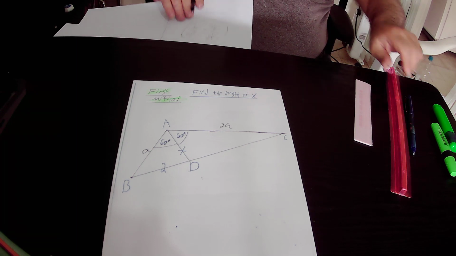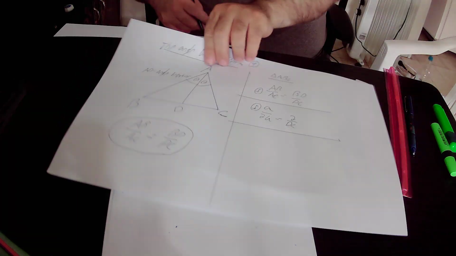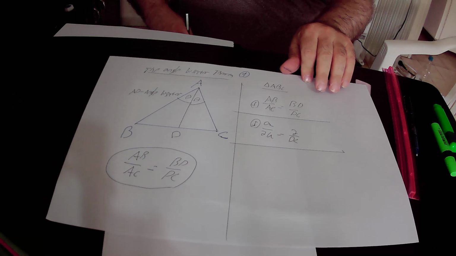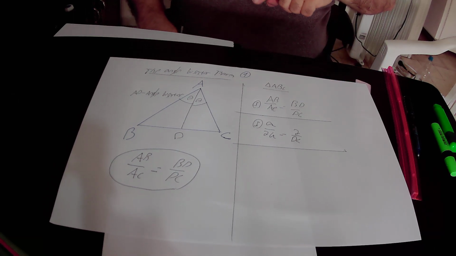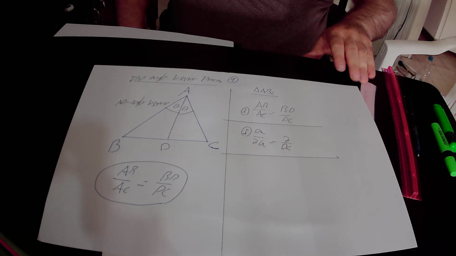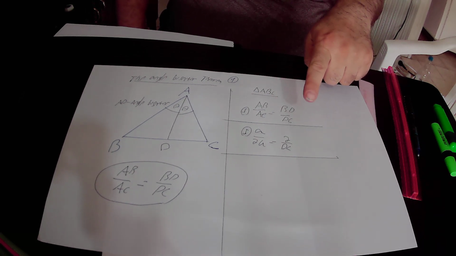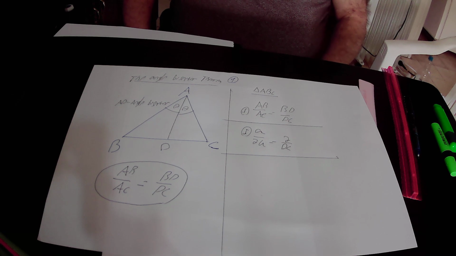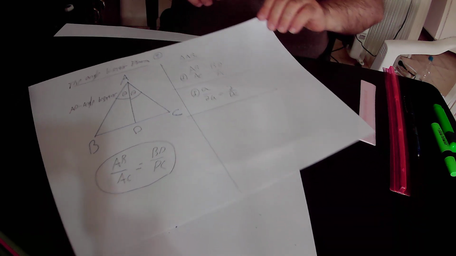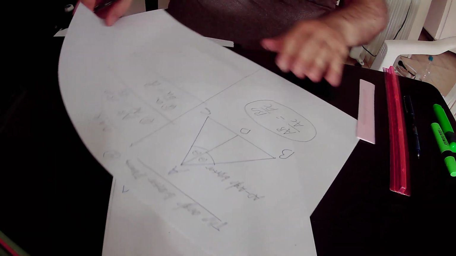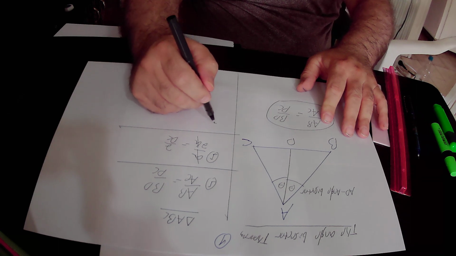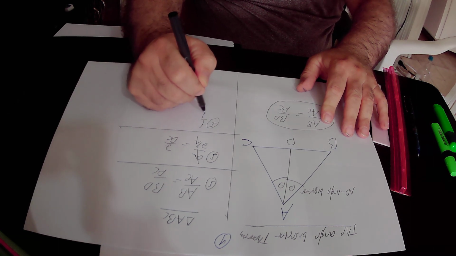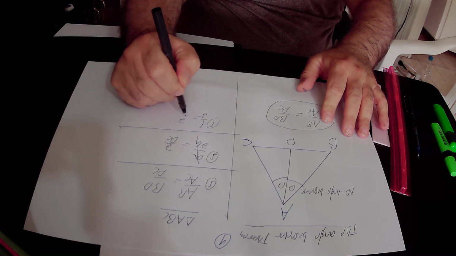So in conclusion, we found that according to equation number 1, and according to the angle bisector theorem that we implemented on triangle ABC, A over 2A equals 2 over DC. A over A is 1, so A will get cancelled. So on this side of the equation, we are left only with 1/2. 1/2 equals 2 over DC.